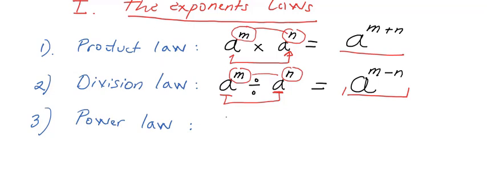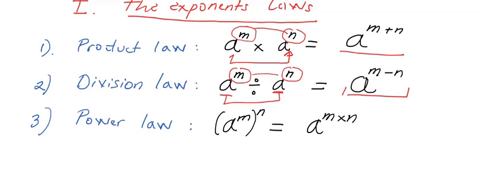The power law consists of, let's give an example, (a^m)^n equals. How do you simplify this expression? It will be a, the base again, repeat, and you need to multiply the exponents, which will be m times n.